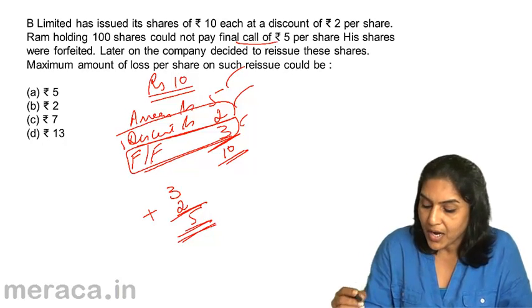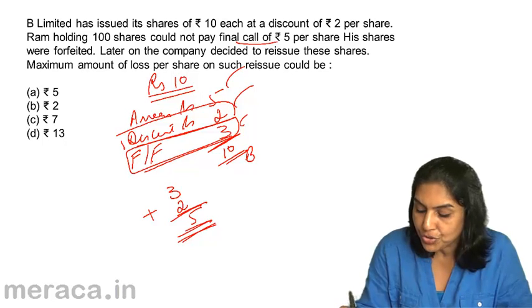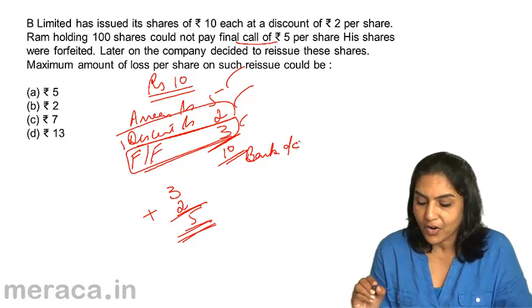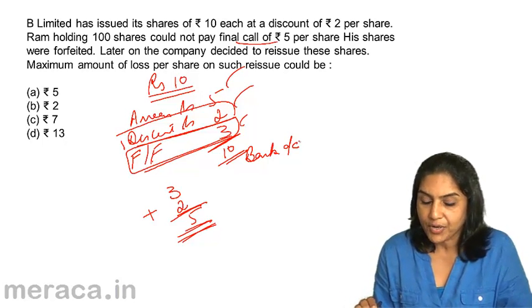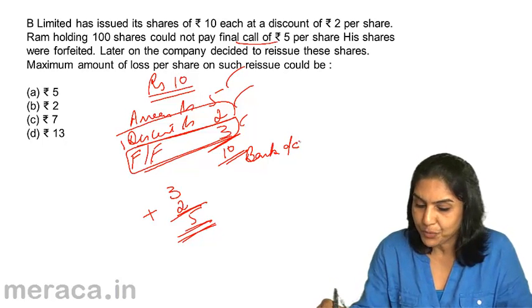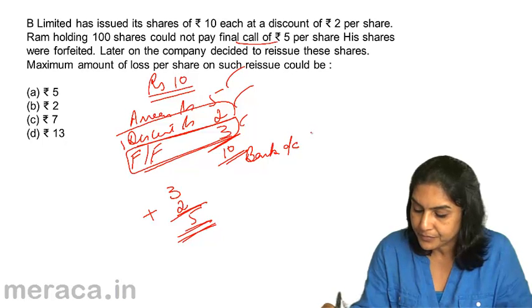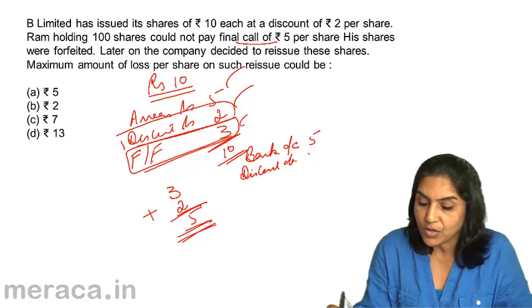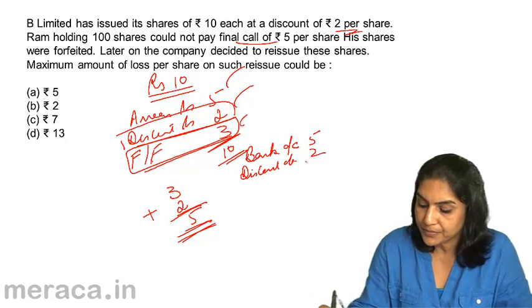If you note, the accounting entry on reissue would be bank account debit with the amount received. In this case, if we take 5, discount account debit with the original discount of 2 per share.